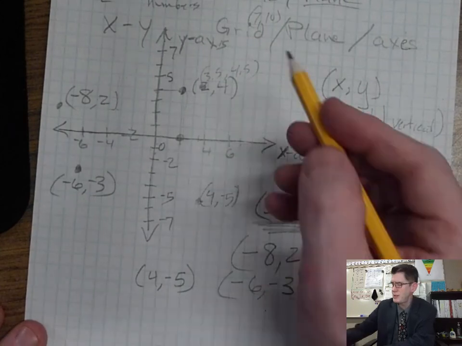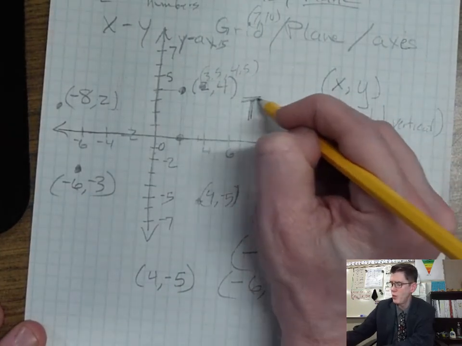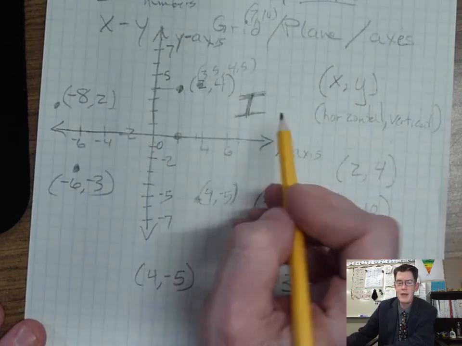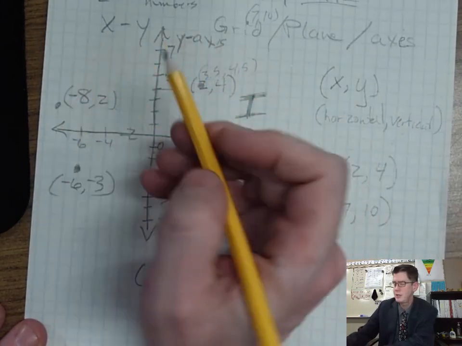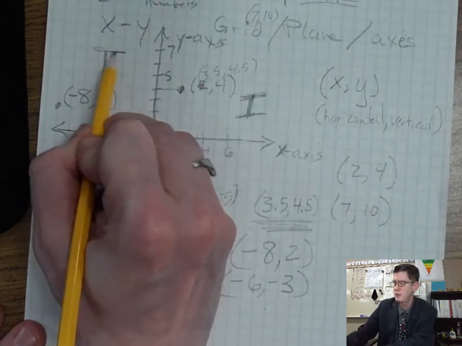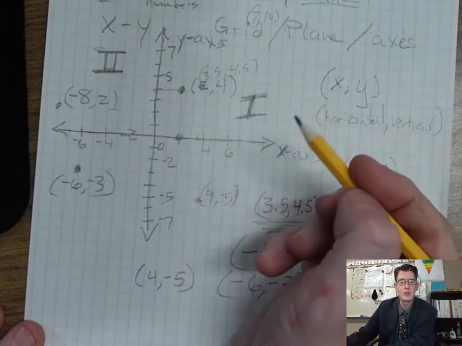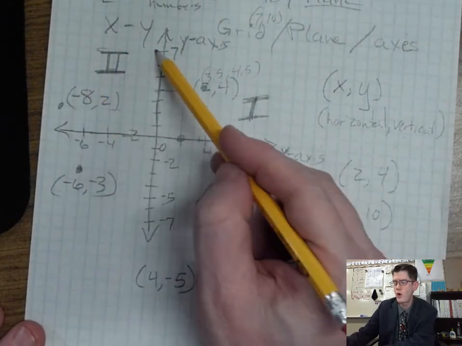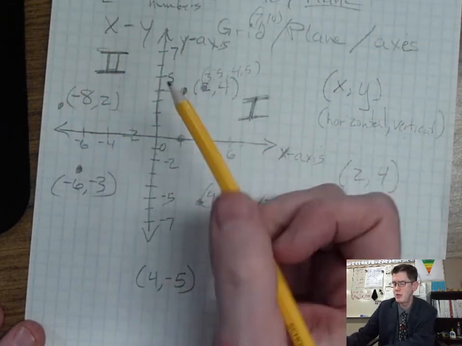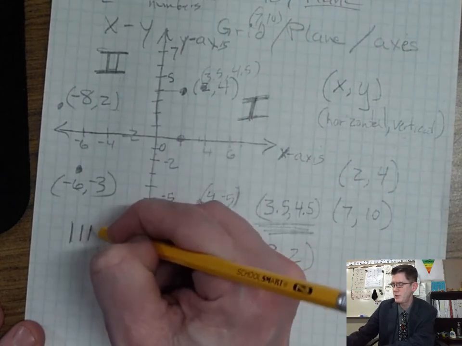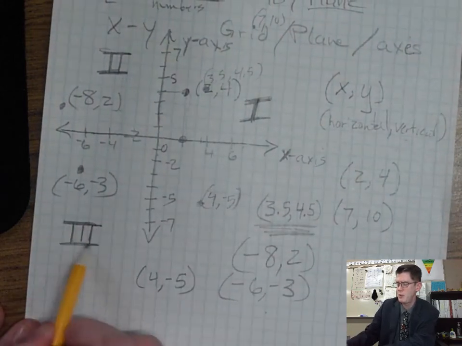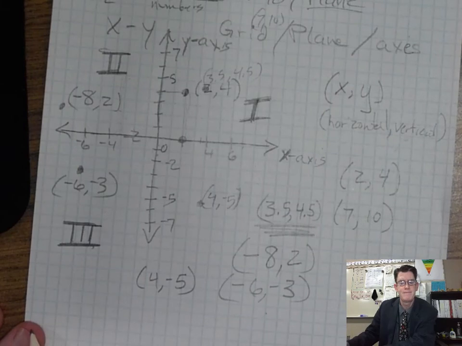So that's plotting points. This is called quadrant 1, where they're both positive, and then it just goes around in a counterclockwise circle. There's quadrant 2, this fourth of the Cartesian grid. This one right here is quadrant 3. Yep, I'm using Roman numerals to signify them.